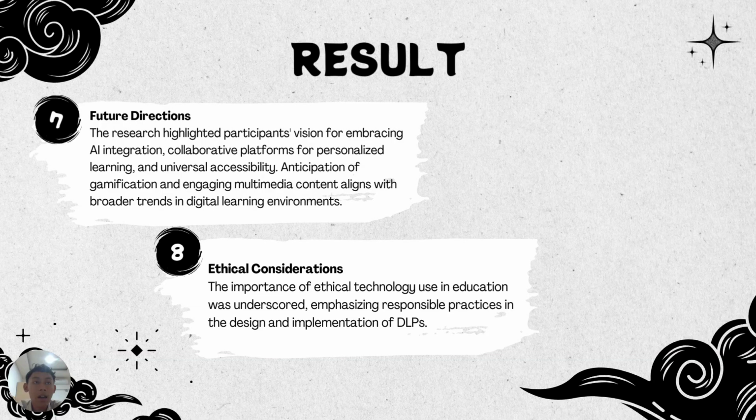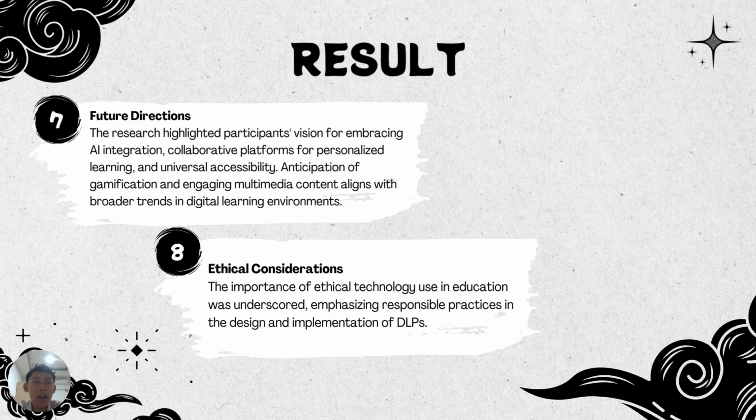And this is the last result, future direction and ethical consideration. Talking about future direction, most of the students say that in the future we need to embrace AI integration in digital learning product development, because we know that AI right now is developing fascinatingly, and we need to make sure that we can use AI properly.